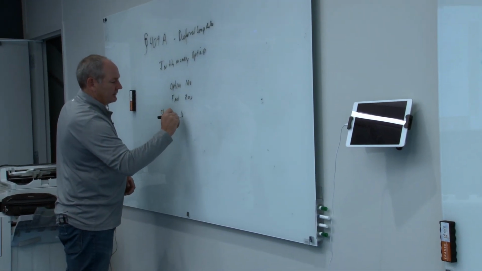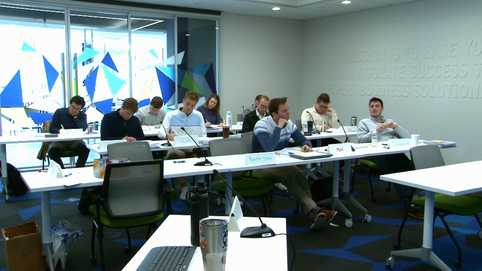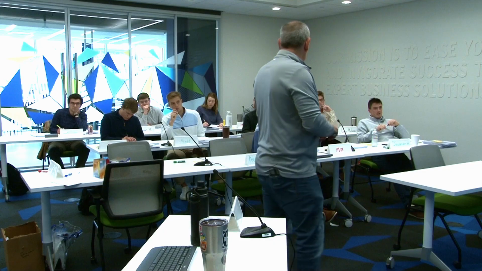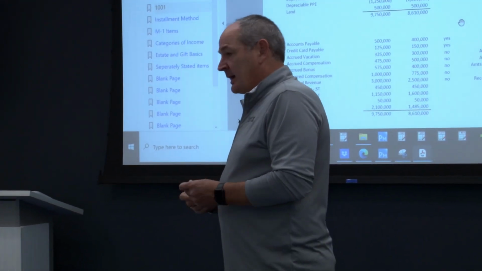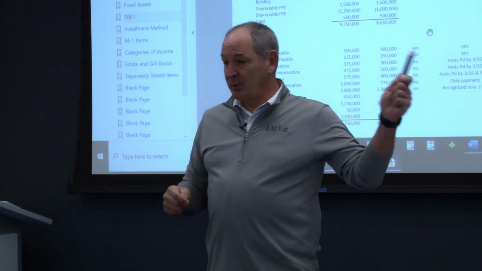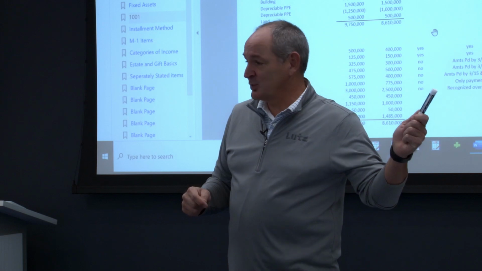Short-term deferrals. Okay? So let's go back. This is a long way to get back to here. Amounts paid by 3/15. What 409A says is that if you pay your bonus after 3/15, guess what you have?